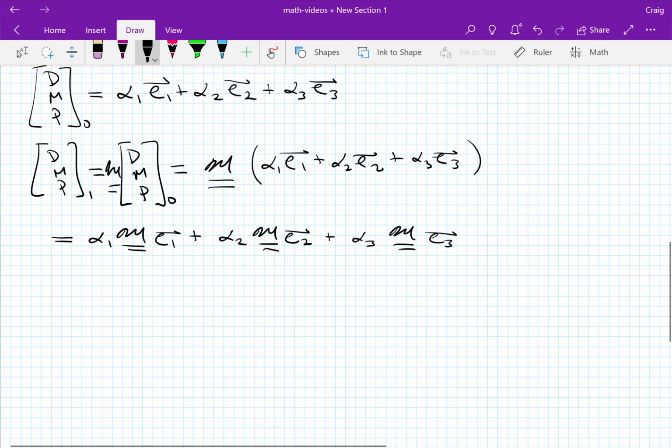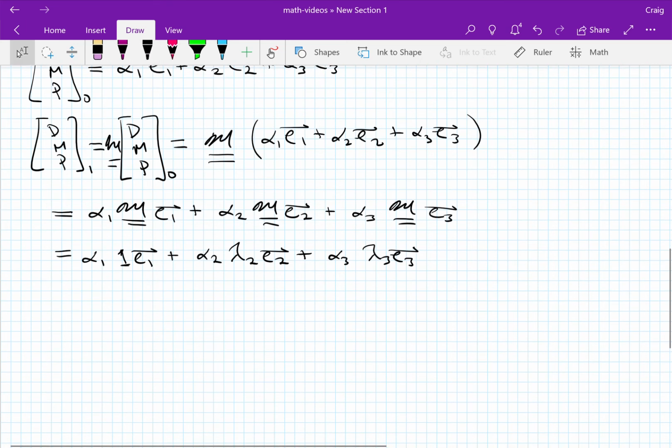But I know that since those are eigenvectors, this is going to be 1 times E1 plus alpha 2 times lambda 2 E2 plus alpha 3 times lambda 3 E3.